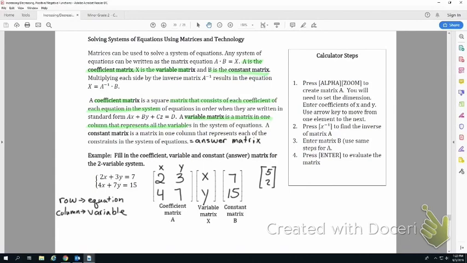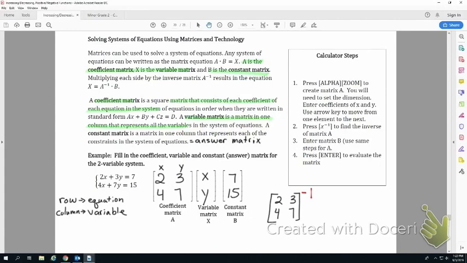Okay, so to get your answer for these problems, you're going to multiply the inverse of matrix A, and this is how this would be denoted. So 2, 4, 3, 7. After you have your coefficient matrix in, you've got to denote on there that you want it to be the inverse of this matrix.